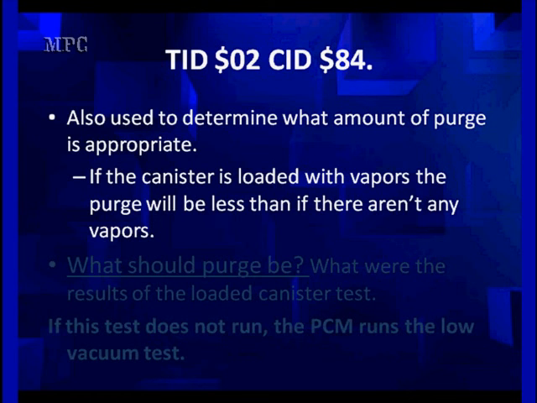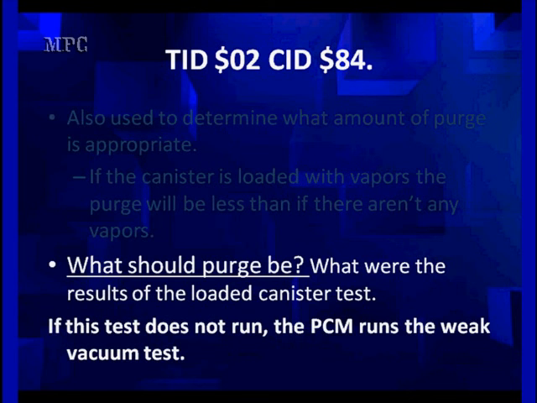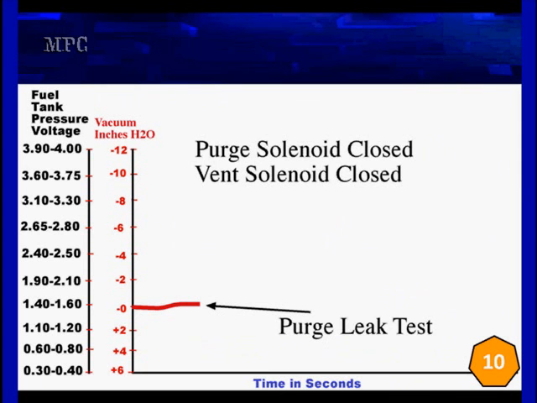We're going to verify things. What should purge be? Well, what were the results of the loaded canister test? If this test does not run, the PCM does not pass, the PCM will do a weak vacuum test. If we can't see vapors, then we do a weak vacuum test, and we'll talk about that.